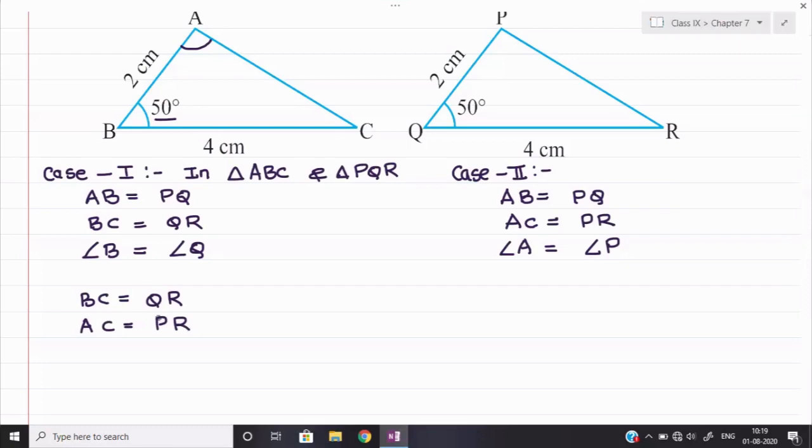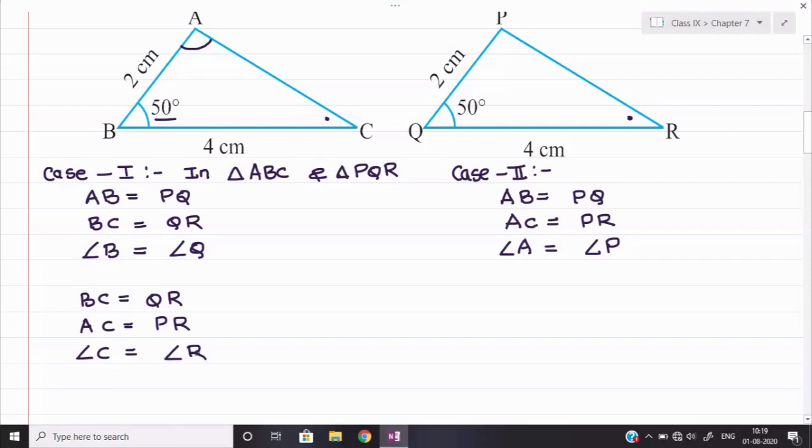Observe BC and QR corresponding, AC and PR, they are also corresponding. So which angle is coming between BC and AC? The angle coming here is angle C, and between QR and PR, the angle coming here is angle R. So you require angle C to be equal to angle R. That is the required thing.